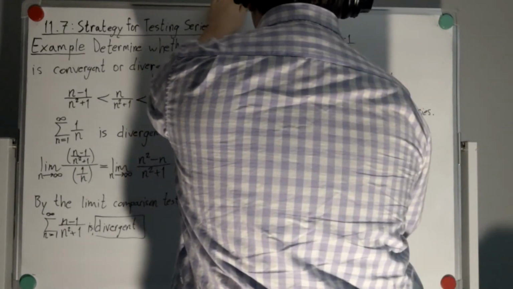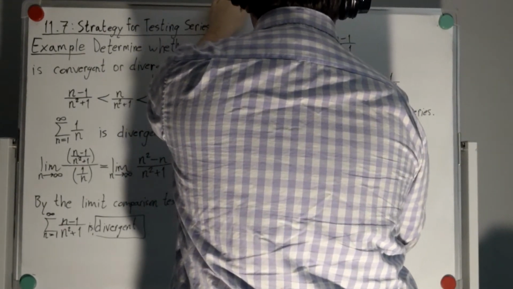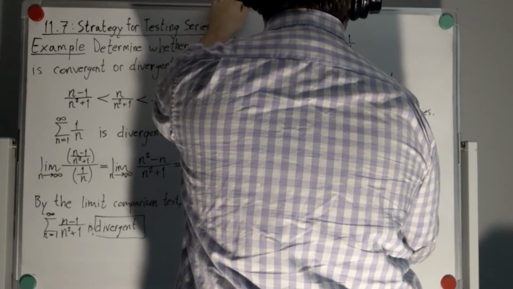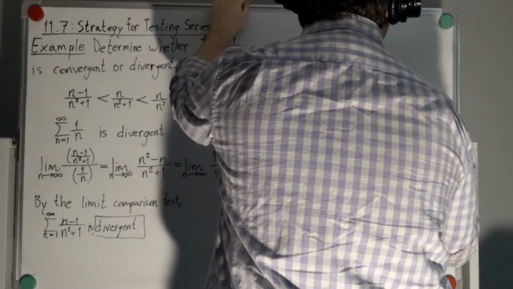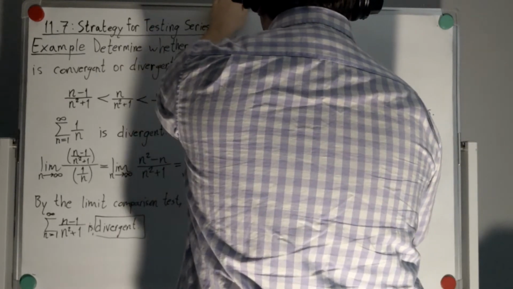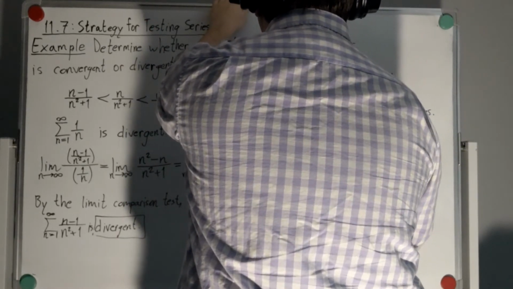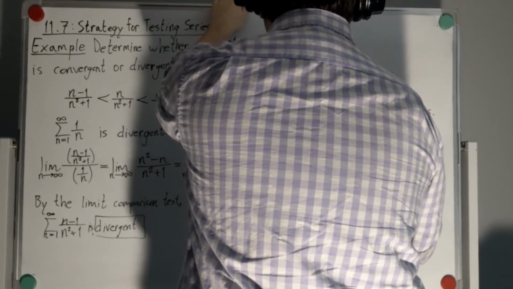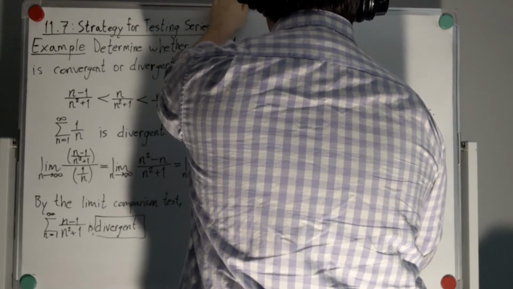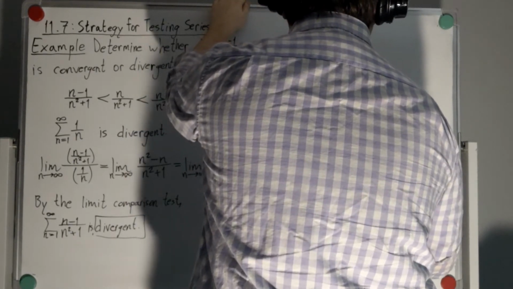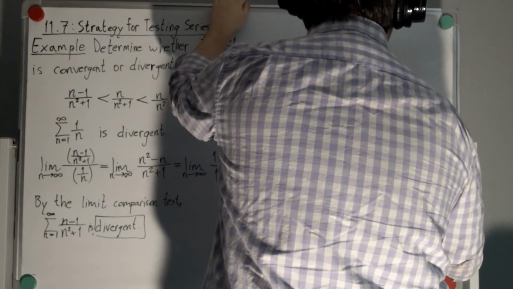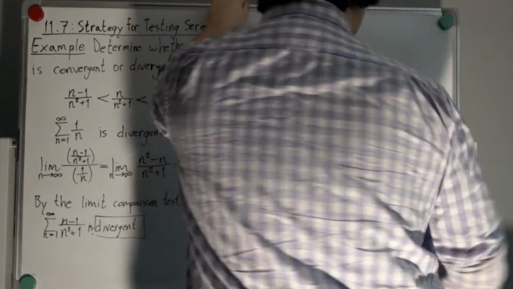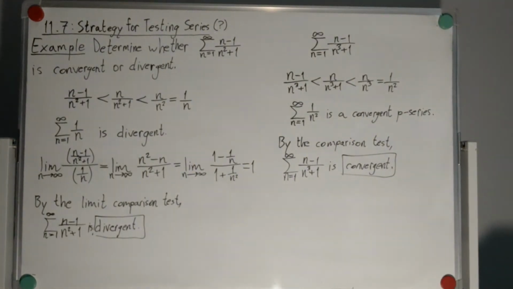So, by the comparison test, the sum from n equals 1 to infinity of n minus 1 over n cubed plus 1 is convergent, because it's a series that has smaller terms than a series that we know is convergent.